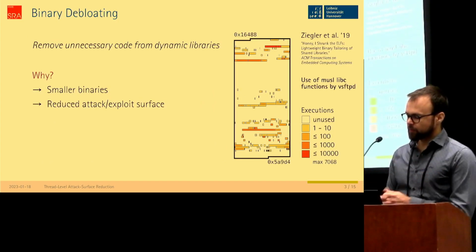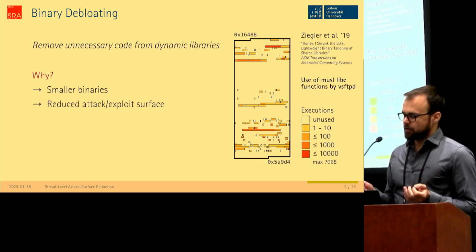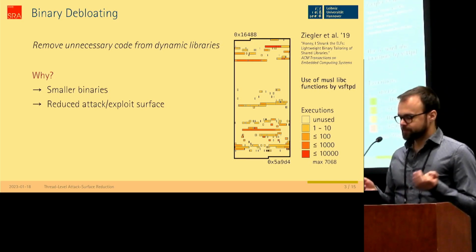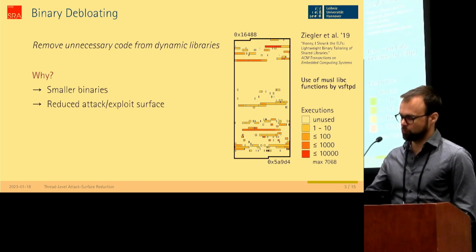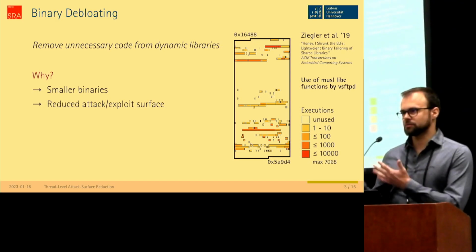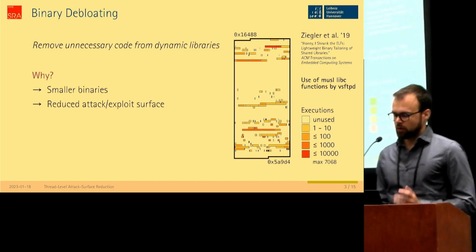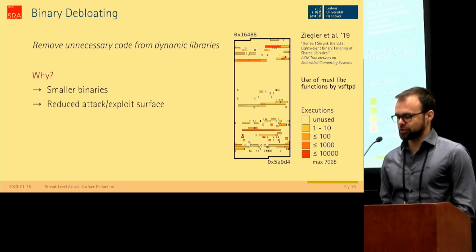Well, now, what can we do about this? One possibility is to simply reduce the available code. We call such techniques binary debloating. The goal is to remove code from the dynamic libraries that is not needed by a specific application. This is usually done on the granularity of individual functions.